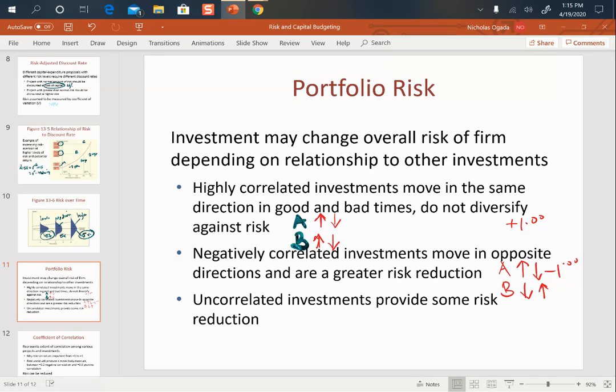So if something happens with the airline industry, most likely it is not going to affect the pharmaceutical industry, or if something happens with the pharmaceutical industry, it is not going to affect the airline industry. So in this case, you're reducing the risk of your investment by investing in uncorrelated industries.